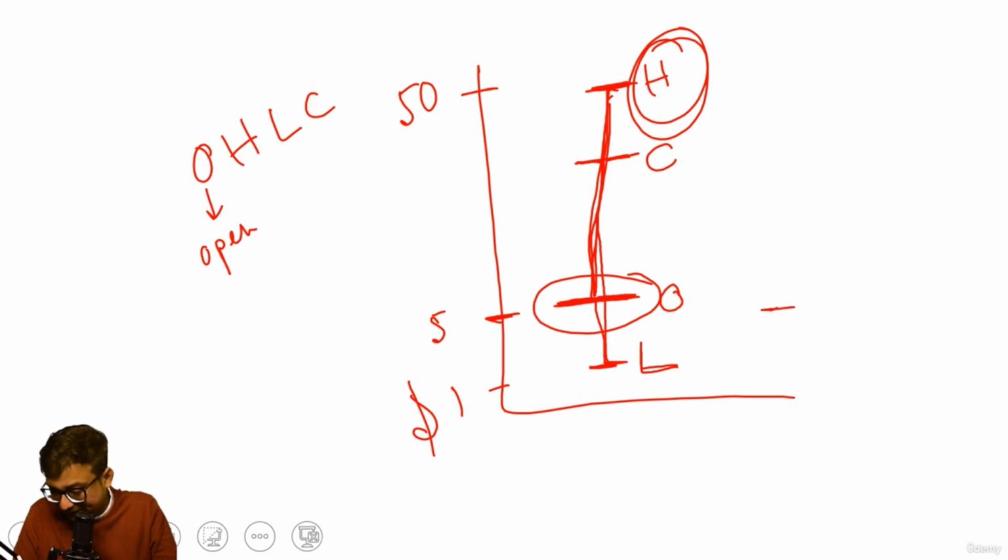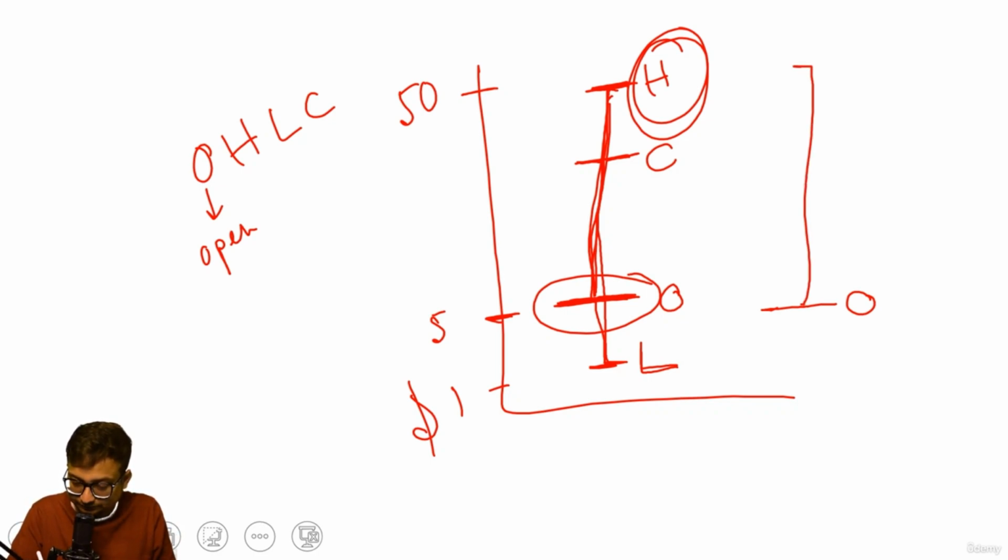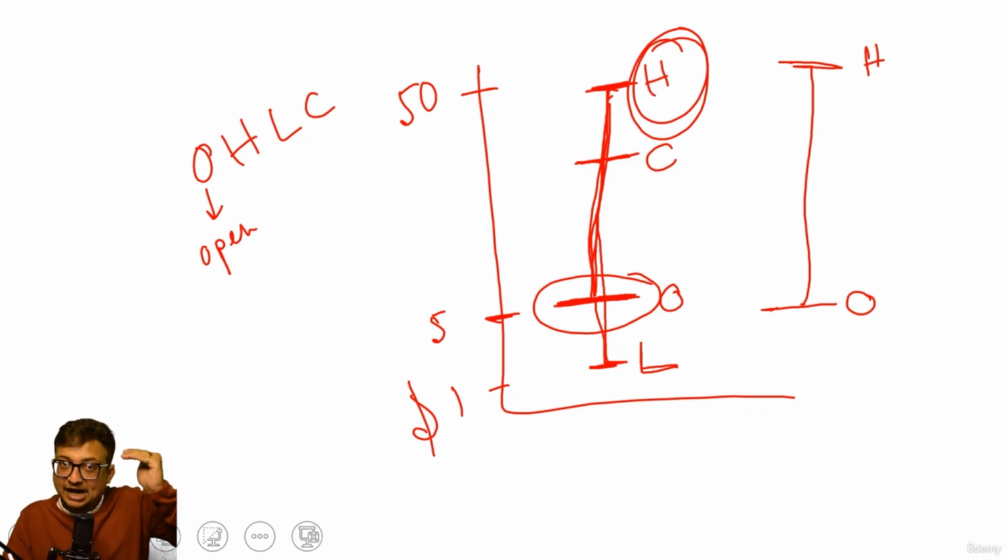The market opened here. This is the opening price. Now the bulls made a pressure, and the market went up to this. This is the highest point, the highest price the market achieved in a particular day. That is the H, highest price.